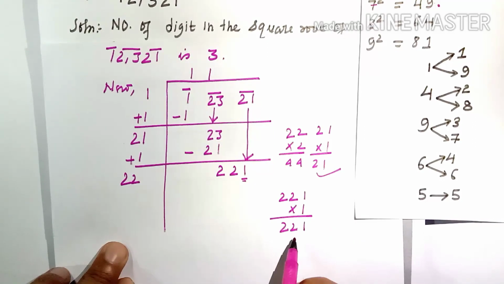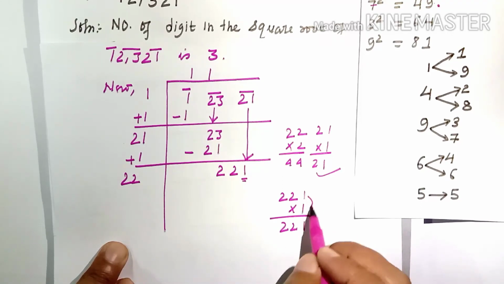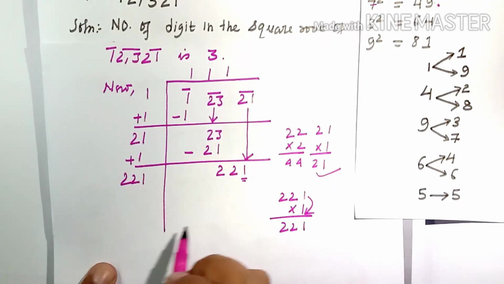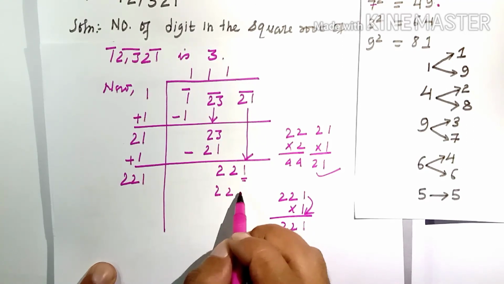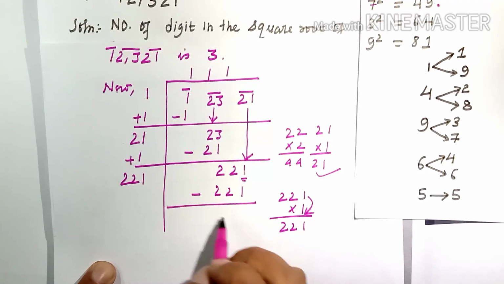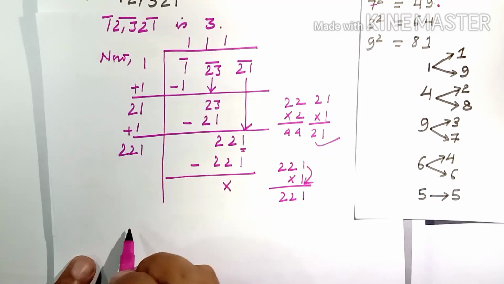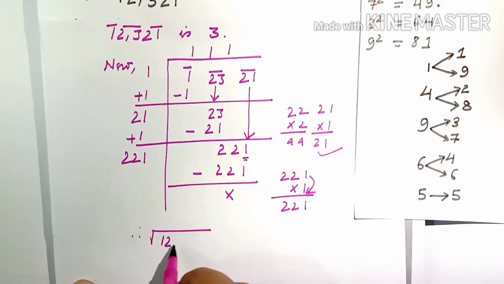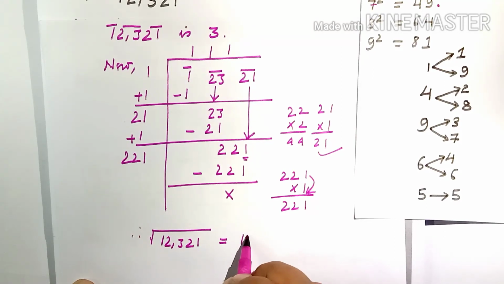Is it equal? Yes. So here I took the number 1. So 1 at the quotient, the other one at the divisor. That is how the dividend 221. Now subtract, that value will be 0. Therefore the square root of 12,321 equals 111.